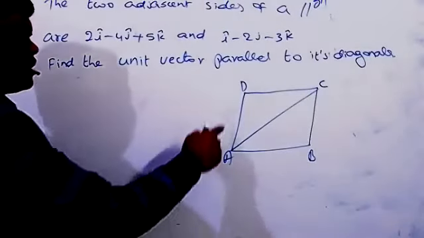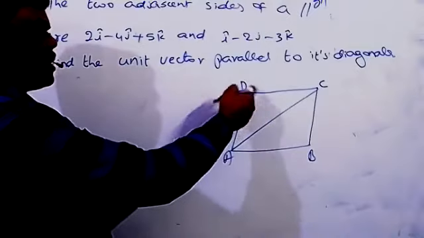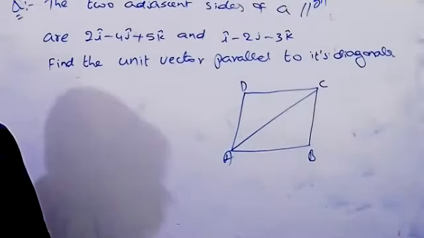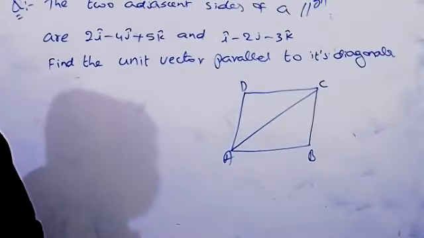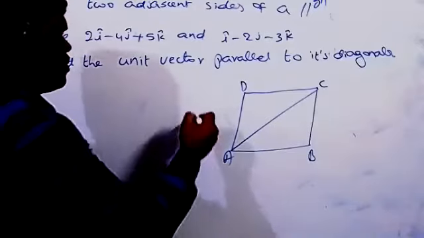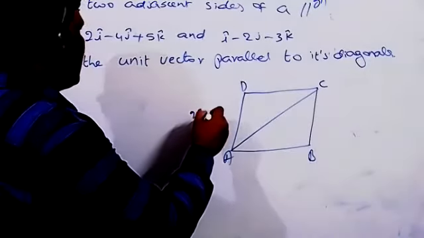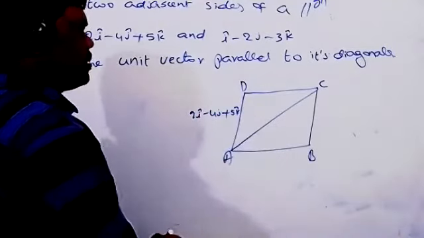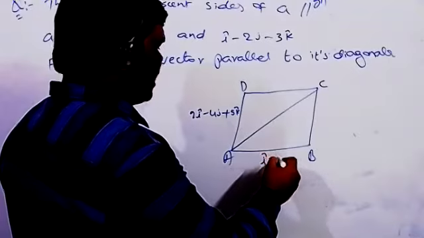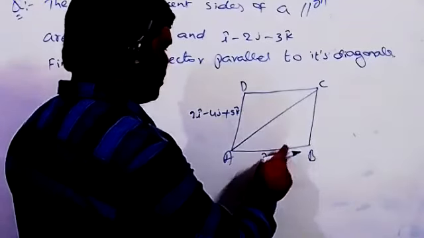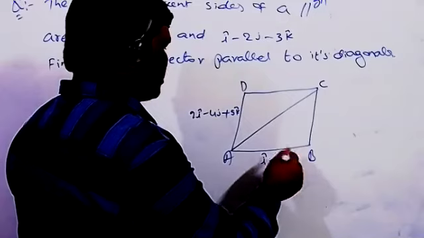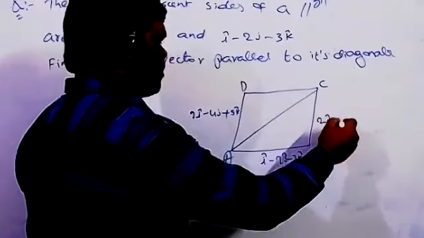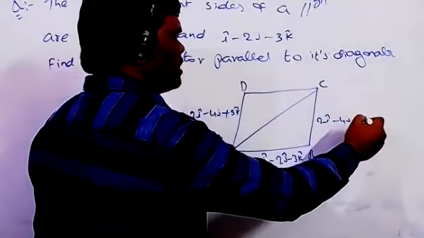AD and CD, BC and AB are the adjacent sides. But anyhow, opposite sides are equal. Suppose the first one AD is equal to 2i minus 4j plus 5k, and the other is i minus 2j minus 3k. And here also this is 2i minus 4j plus 5k.